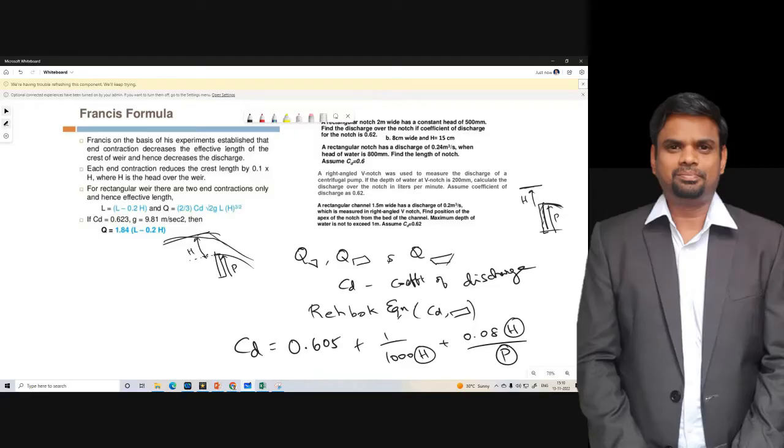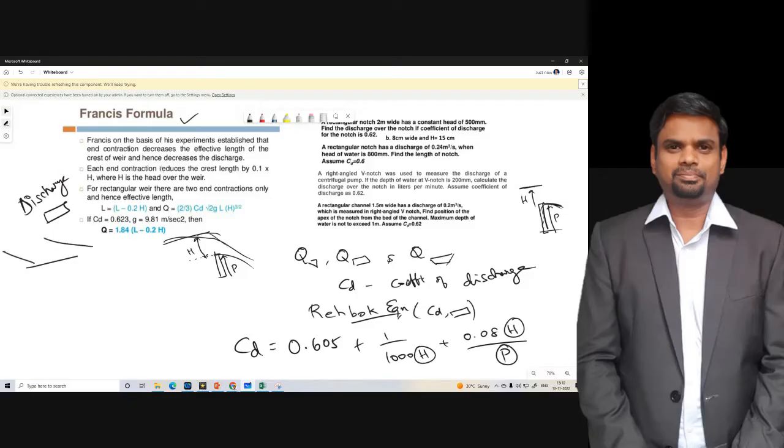So this is the empirical equation to determine the CD, and apart from that we have the Francis equation. The Francis equation is an empirical equation to determine the actual discharge. To find the discharge over a rectangular notch, we have the Francis equation, which was based on experiments. He established the number of contractions. For example, if it is a submerged flow, there are no contractions in the fluid.